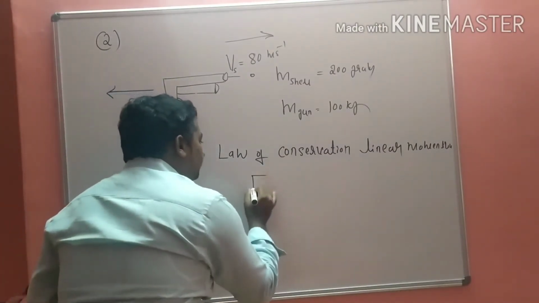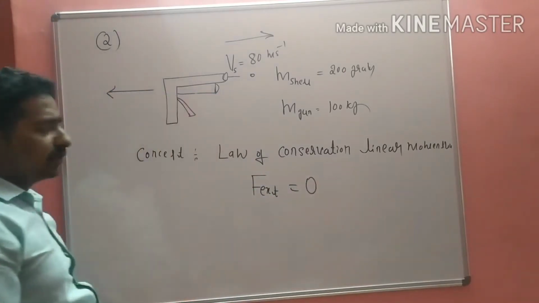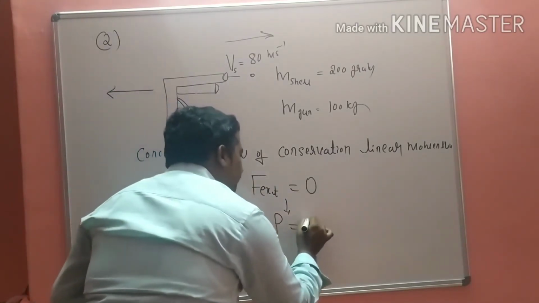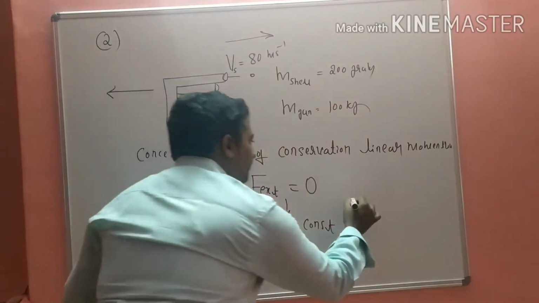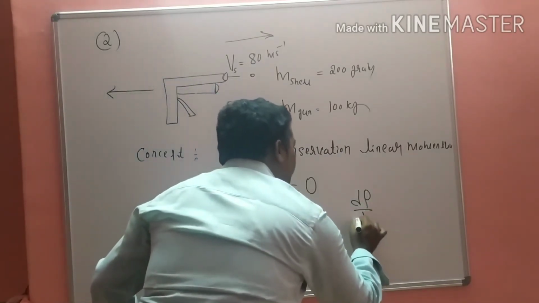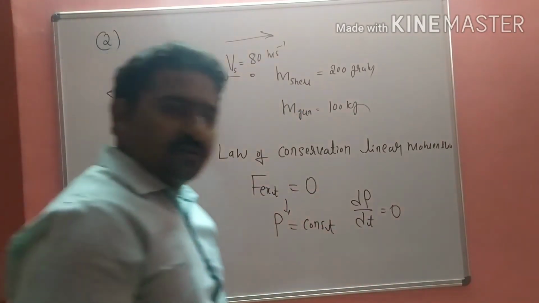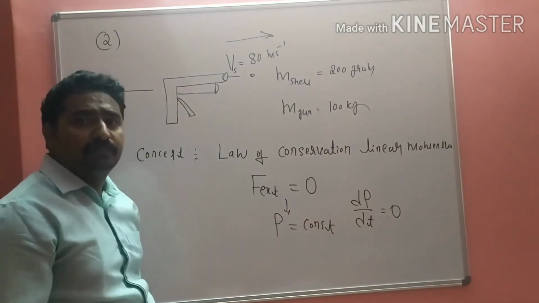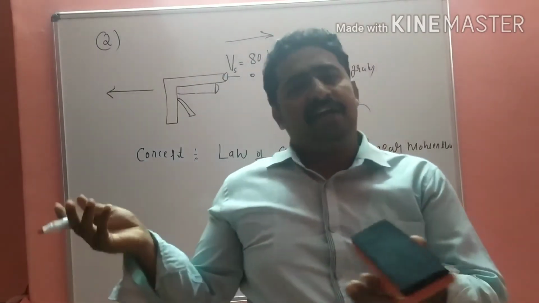That means if the external force acting on the body is 0, then its momentum remains constant. So the rate of change of momentum is 0. That means initial momentum is equal to final momentum.